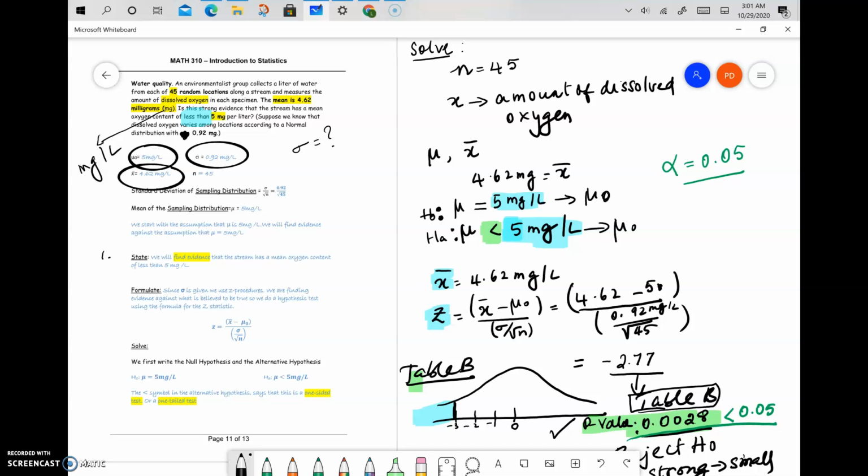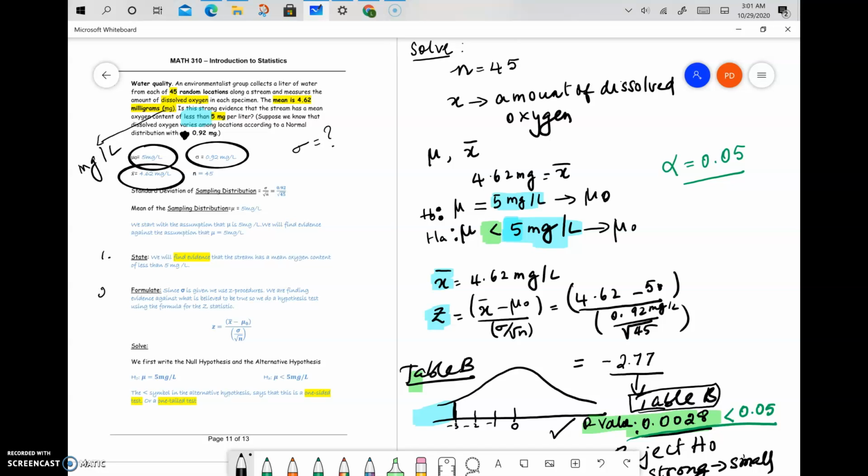Always, if it's a hypothesis test, start off with, we will find evidence. Because that's what we do in a hypothesis test. We try to find evidence against the null hypothesis. So we'll find evidence that the stream has a mean oxygen content of less than 5 mg per liter. That's exactly what the question is asking us to do.